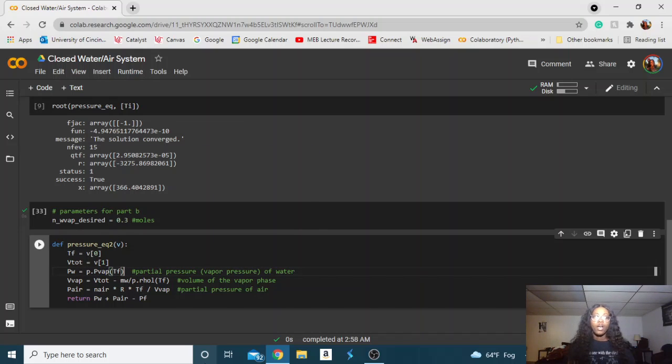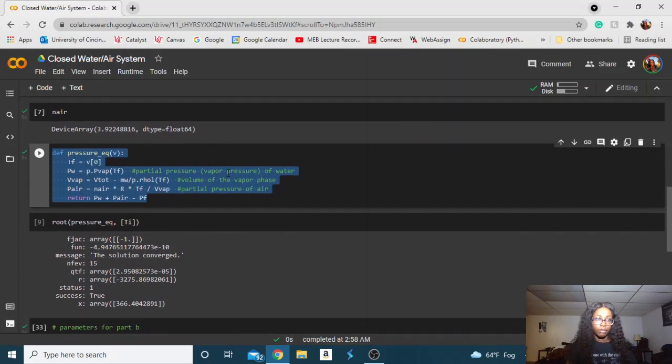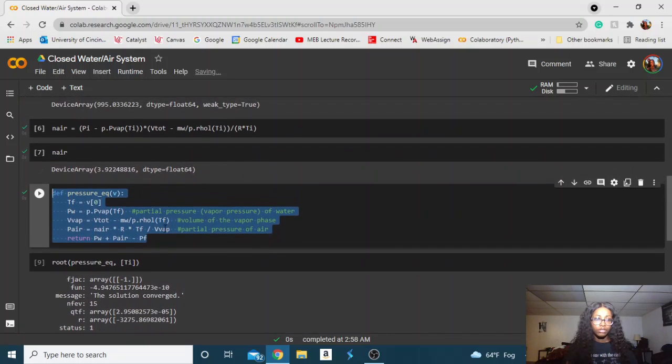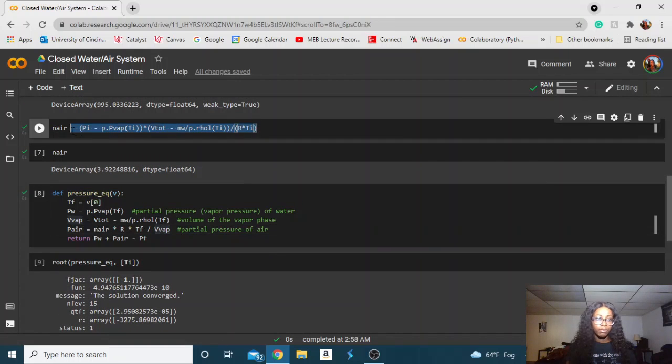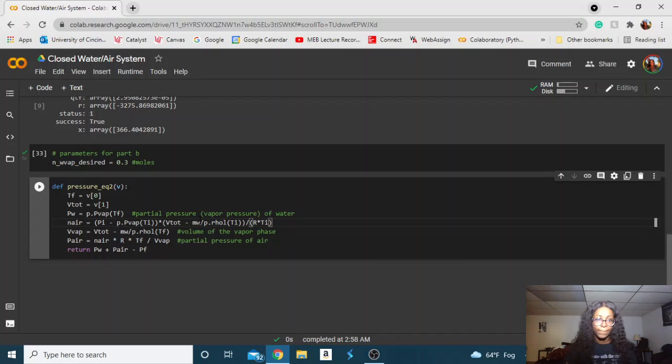And now we have to modify some of these equations and add some new ones. So the equation for the partial pressure of water can stay the same. We're going to want to come up here a little bit and copy and paste the equation for the moles of air and label it.